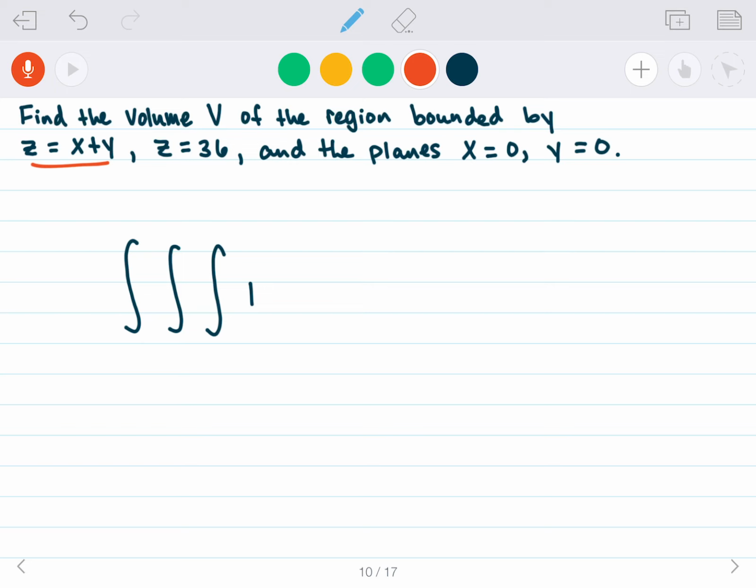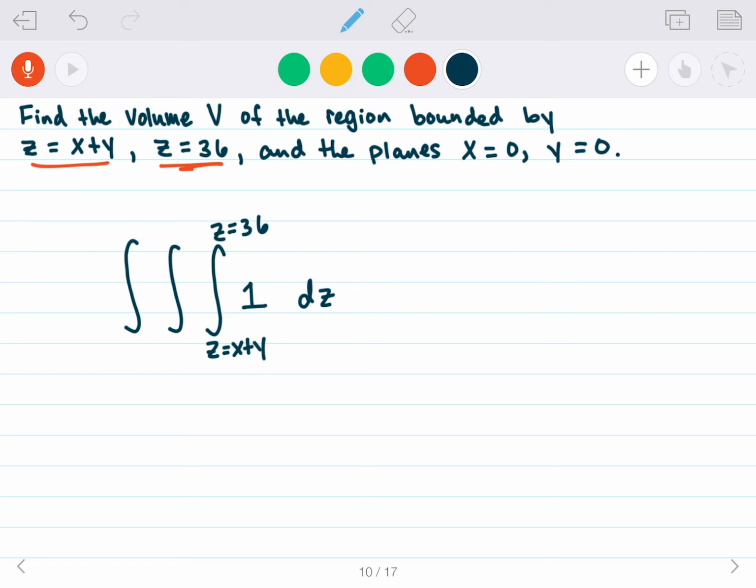And so I have two bounds for z. I'm going from x plus y as my lower bound. So z equals x plus y is my lower bound for z, and then my upper bound is going to be 36. So this is going to be 1 dz.